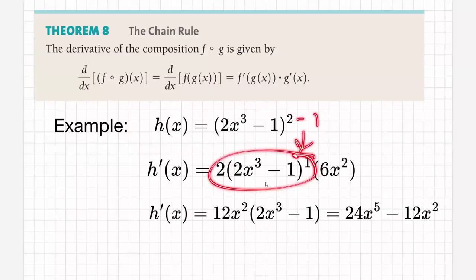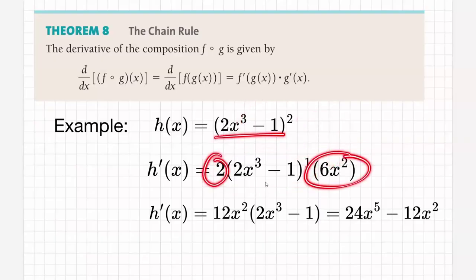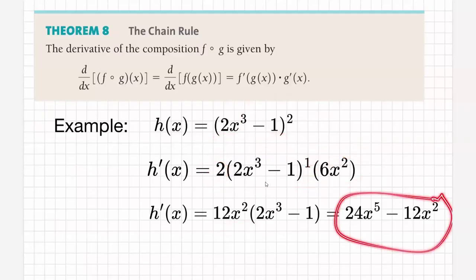But the chain rule says you don't stop there because we have more inside. Well, that's where this comes in. What you'll see here is the 2 times the derivative of the inside would give you 12x squared, and when you distribute it, that's what we had before.